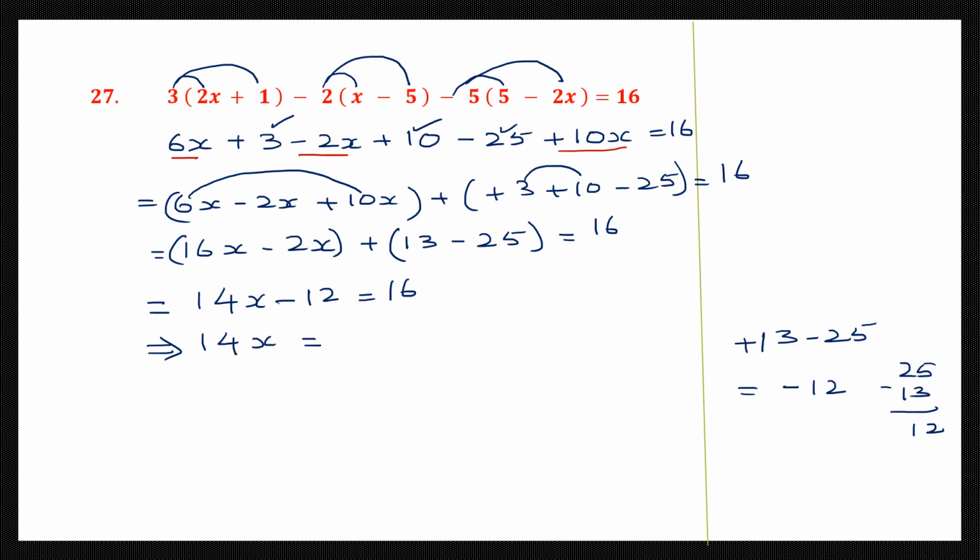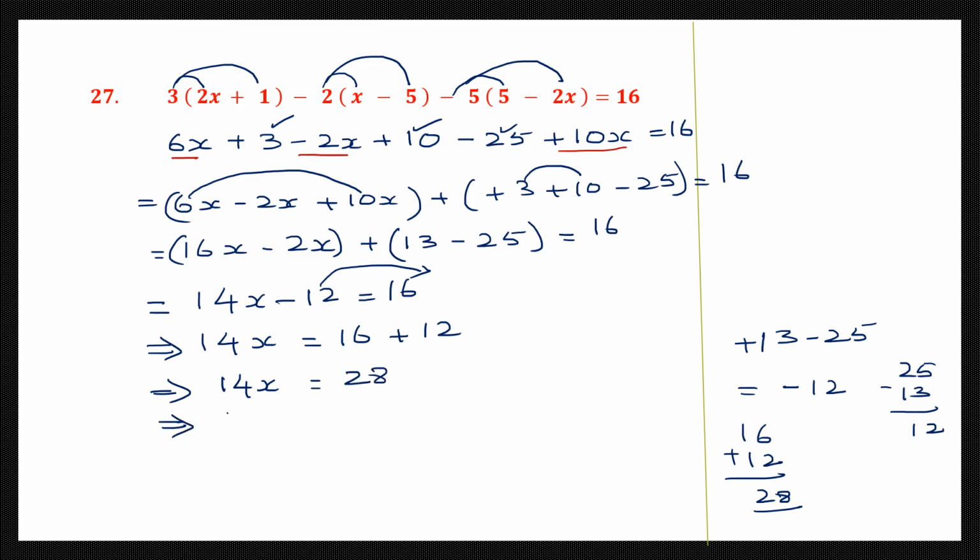So now we can solve for x by doing this. 14x equals 16 and we transpose minus 12, becomes plus 12. So 14x equals 16 plus 12. Let's add it up. 16 plus 12. 6 plus 2 is 8. 1 plus 1 is 2. 28.